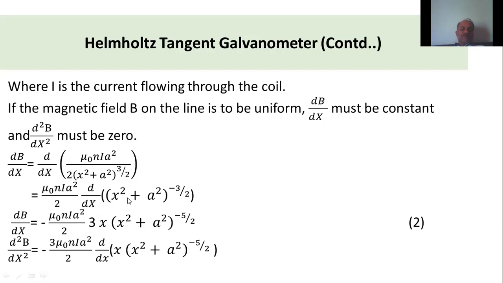Next, we differentiate this equation, which gives 3x by 2 into (x² + a²) raised to minus 5/2. And again differentiating this equation, these are the constants, and the differential operator is acting on this.